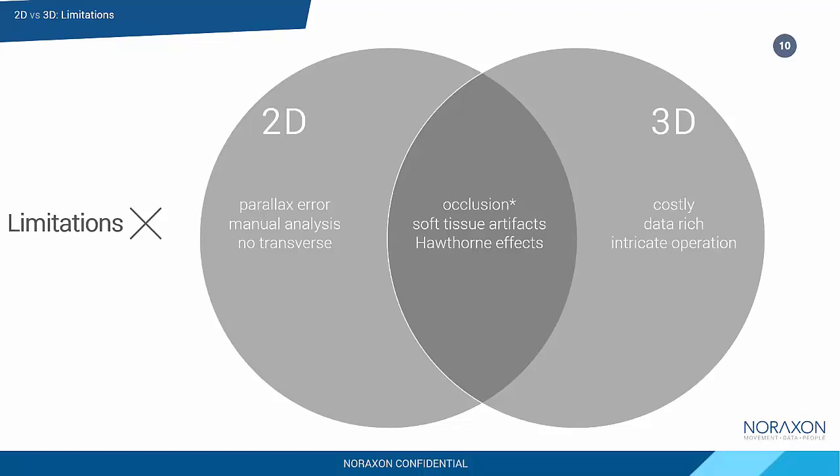Looking at the three-dimensional systems, their biggest limitations are usually, one, that they're fairly costly. They come with a higher price tag than a two-dimensional system. And that's because there's a lot of technology and development that's been put into these systems to provide this level of objective data.